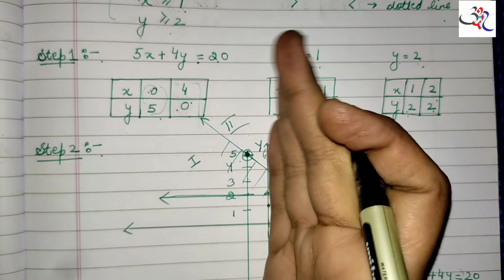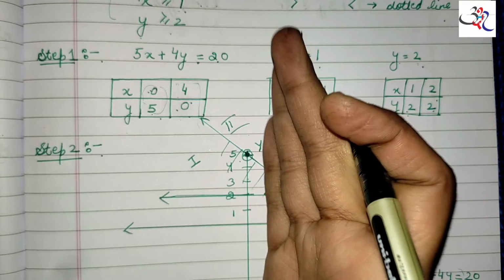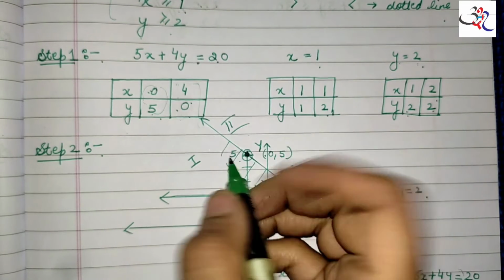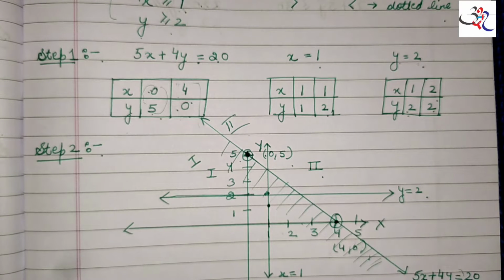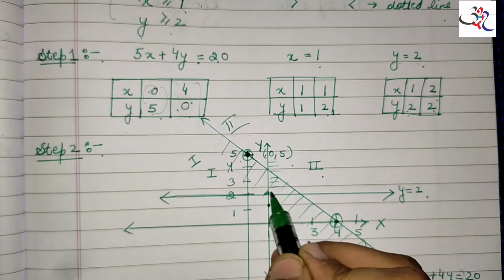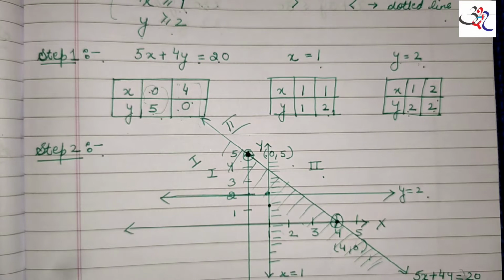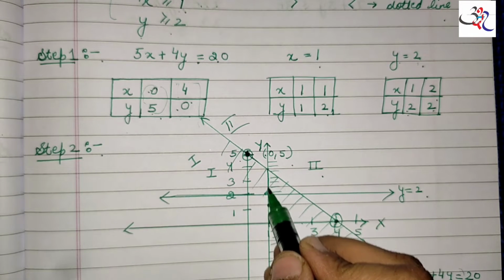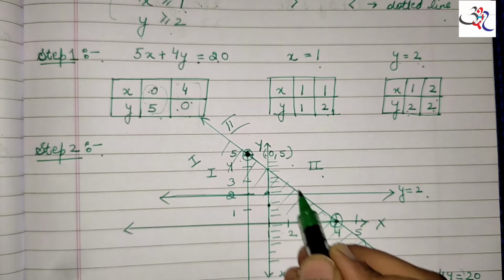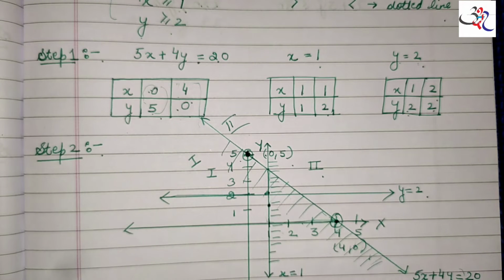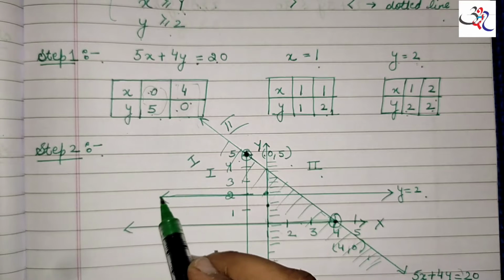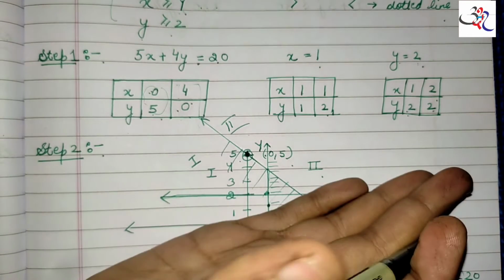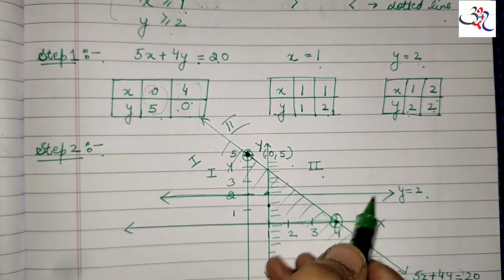So for this straight line, where will my first plane be? I have told you that towards the left hand side is my first plane and towards the right hand side is my second plane. So the solution lies in the second plane. You can see that this area is common for both of these lines. But still we have to find the solution for this inequality. So for this inequality, what will my first plane and second plane be?